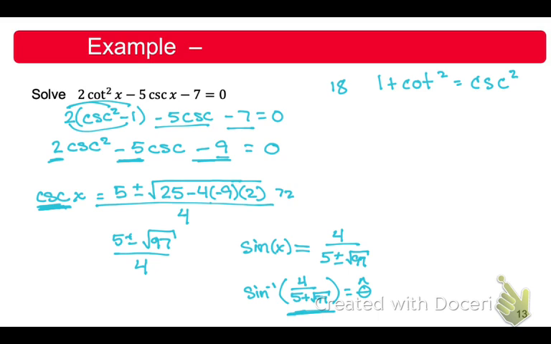If you do it right, there should be an answer. 0.269. So now you have to do the inverse sine of what you just did. So inverse sine of 4 divided by parenthesis 5 plus the square root of 97.